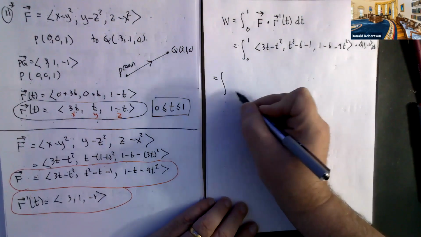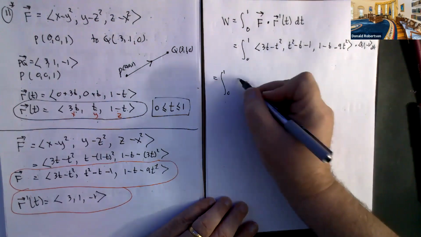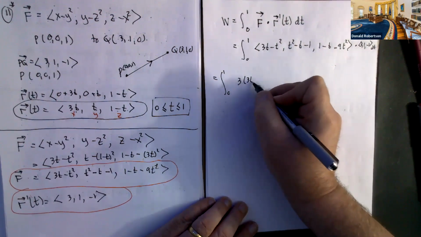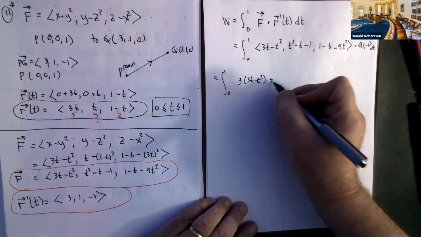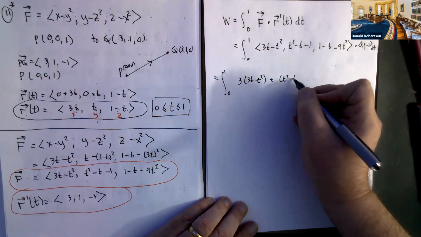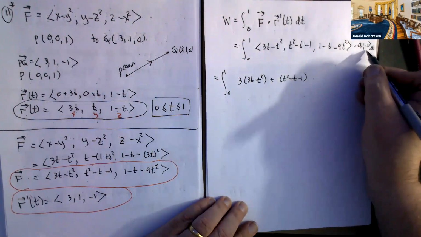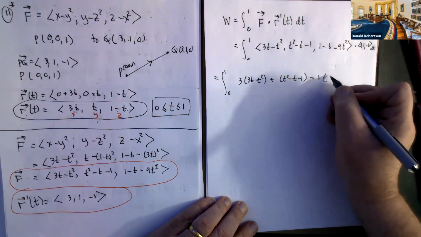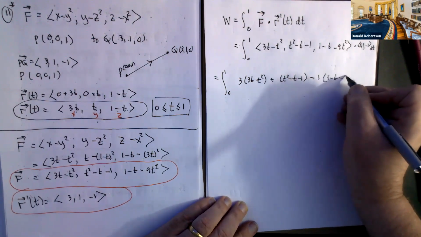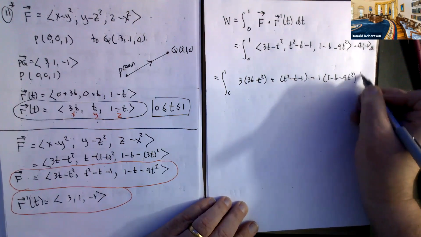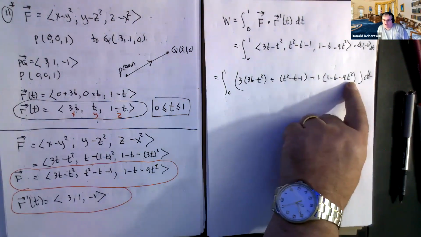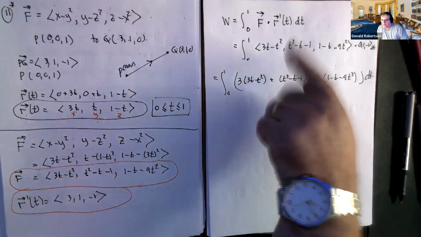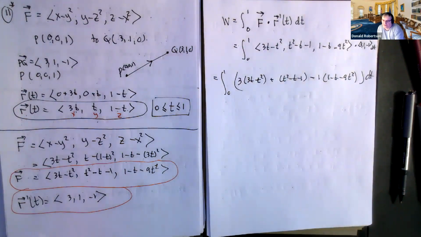That's probably as far as I'm going to go now. 3 times this one, plus one of these, minus one of these. Wouldn't you just FOIL this out, collect like terms, and have an integral with t squareds and stuff? And that would be the end of that question.